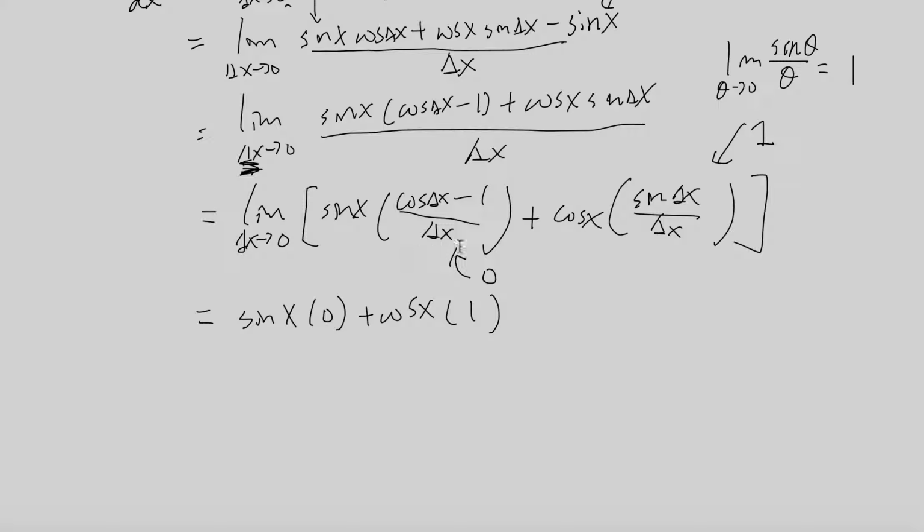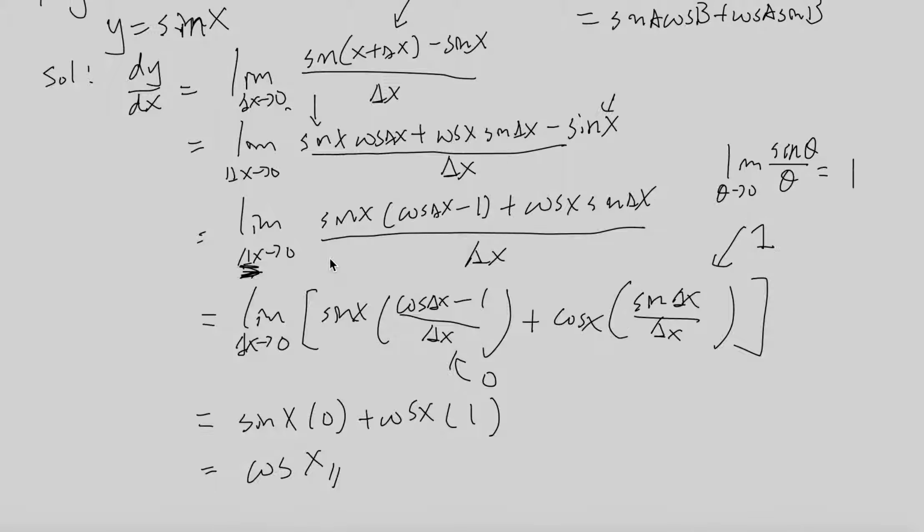Remember, we are focusing on the variable delta x, so sine x isn't involved, and cosine x also will not be involved in the limit. So sine x times 0 cancels out, cosine x times 1, the final answer should be cosine x. So this is the result.